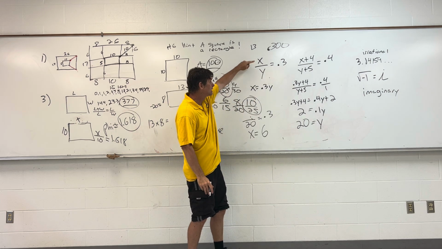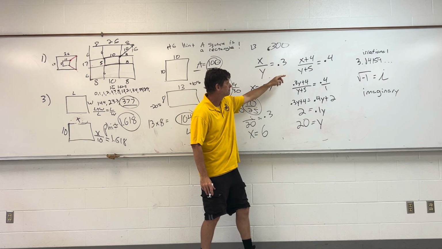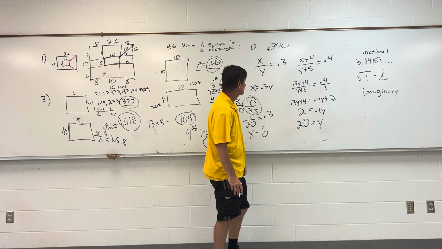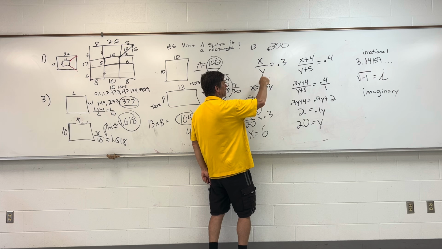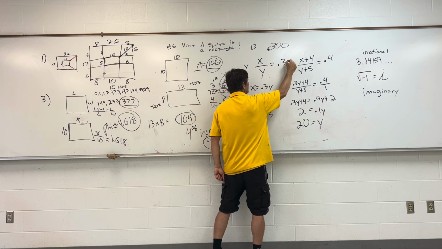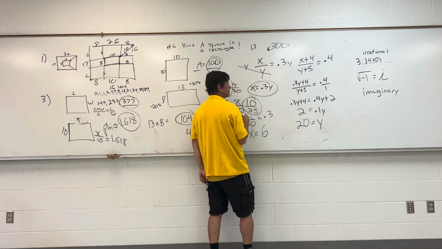Algebraically, we could set it up as an equation. X over y equals 0.3. X plus 4 over y plus 5 equals 0.4. I don't know how good you are at algebra, but if I isolate the x, I can multiply both sides by y, and x is equal to 0.3y.